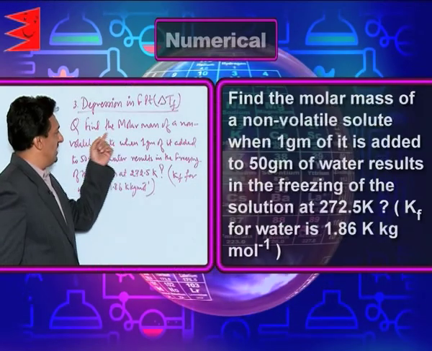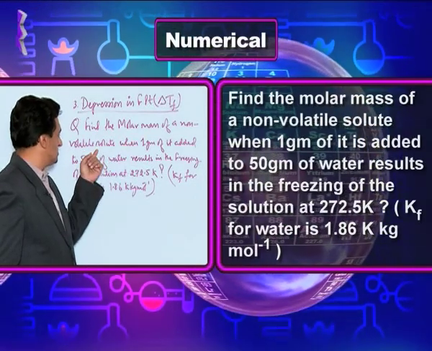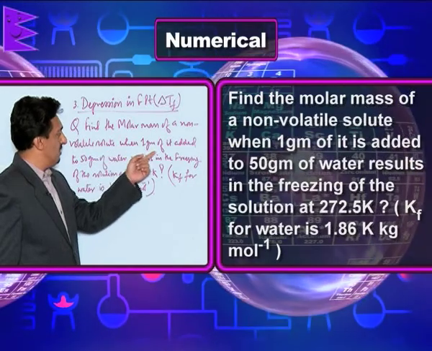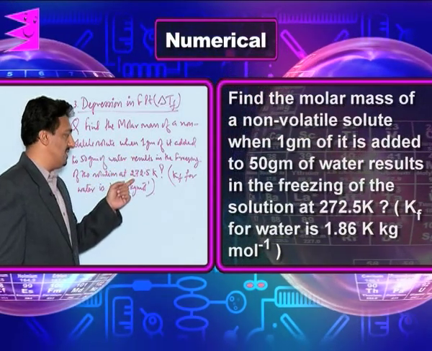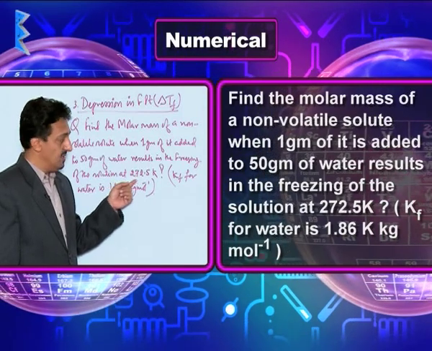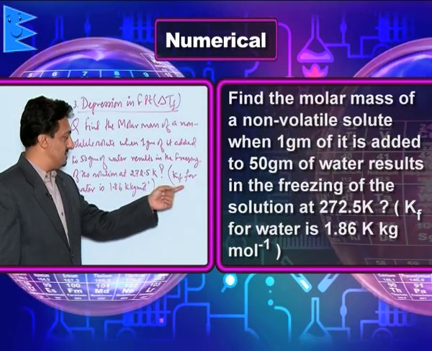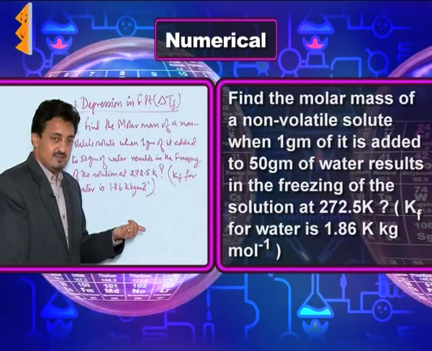The numerical is: find the molar mass of a non-volatile solute when 1 gram of it added to 50 grams of water results in the freezing of the solution at 272.5 Kelvin. The depression in the freezing point constant for water is 1.86 Kelvin kg per mole.